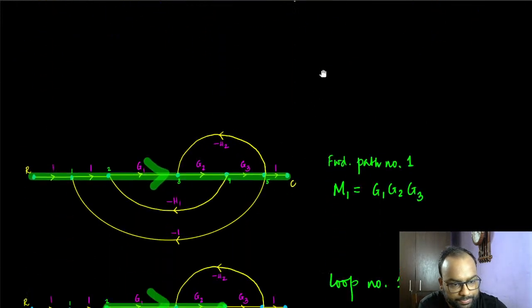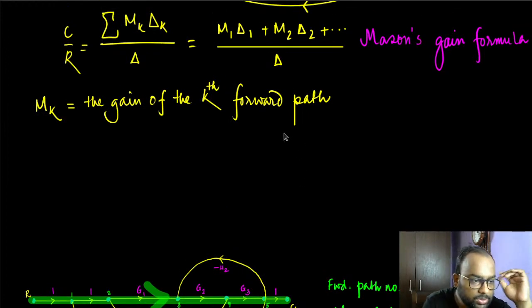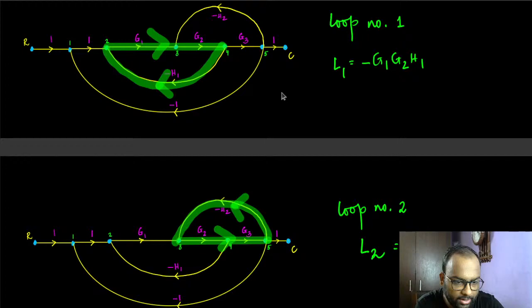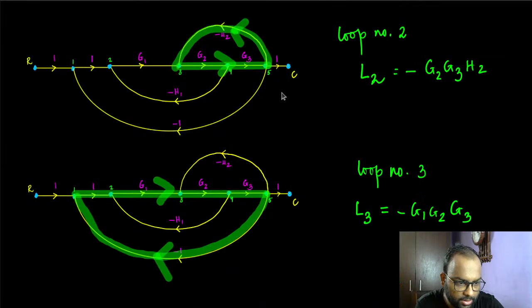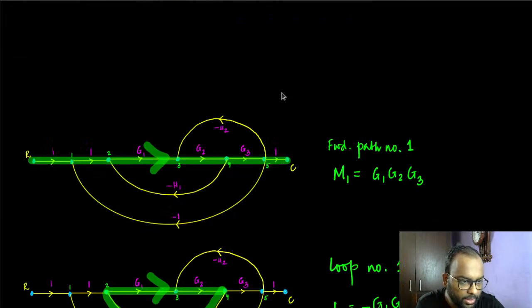Okay, fine. We are fine. So Mk is the gain of the kth forward path. So that we are actually fine. I have not messed anything up.